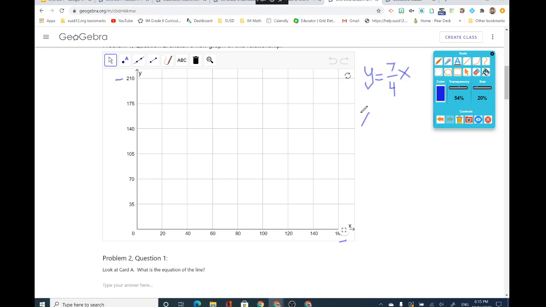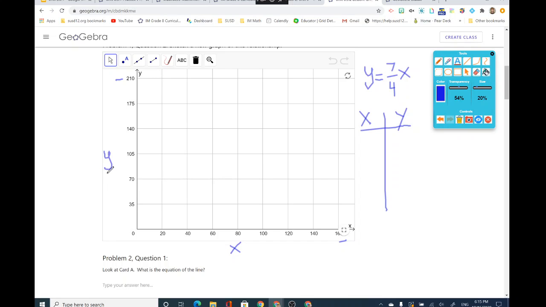Well, just like I showed you in problem number 1, make a table of some points. And then for every given x, calculate what the y should be and graph those coordinates on this new scaled graph. So here's our x-axis and our y-axis.